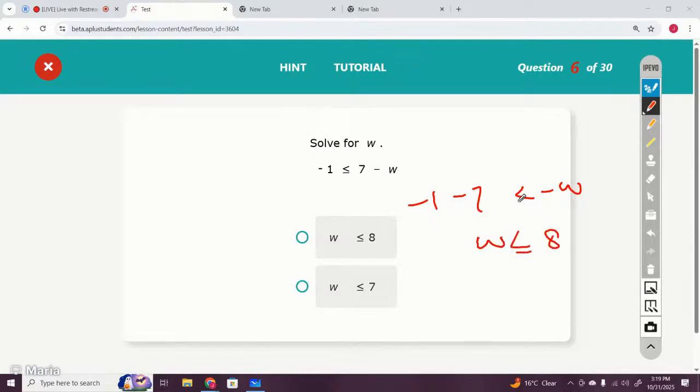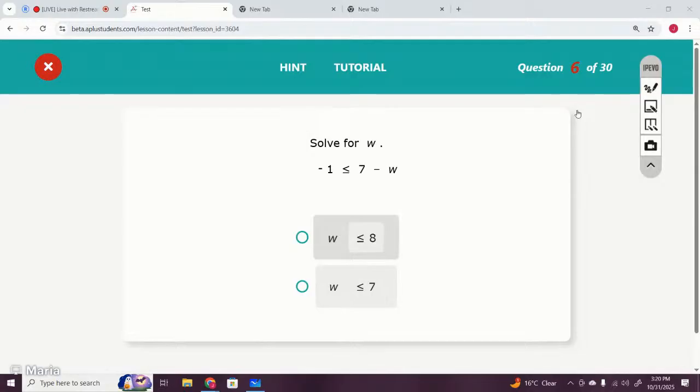So w is less than or equal to negative 8. Option number 1 is the correct option.